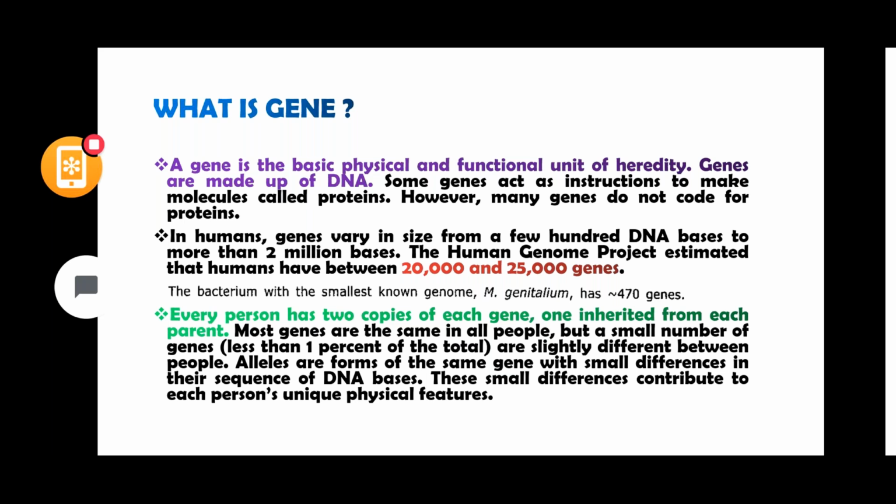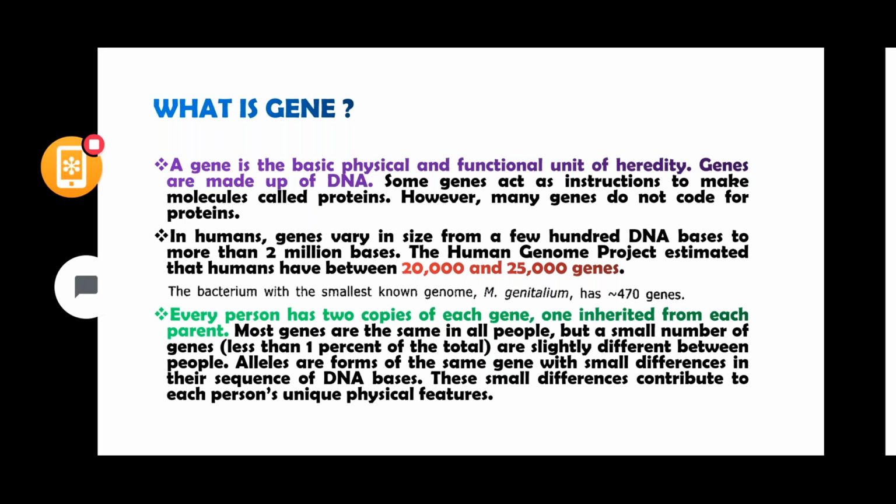Now the Human Genome Project has estimated that humans have 20,000 to 25,000 genes. As we came across in the previous class, the Human Genome Project has given some salient features of the human genome.